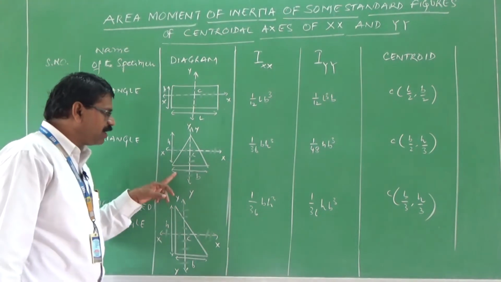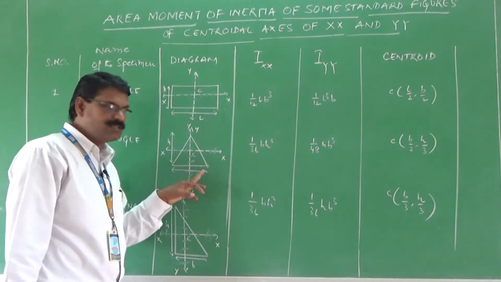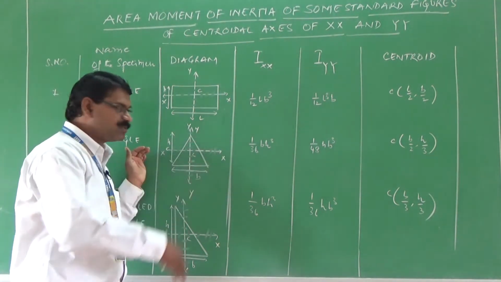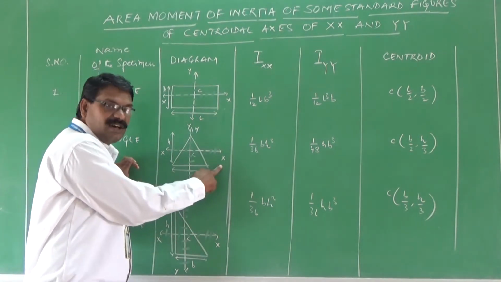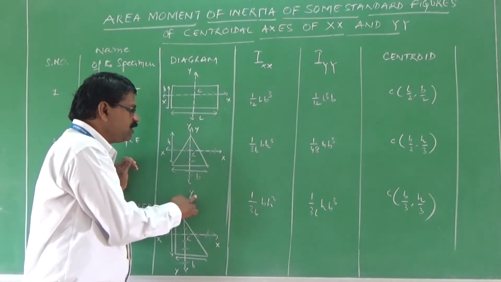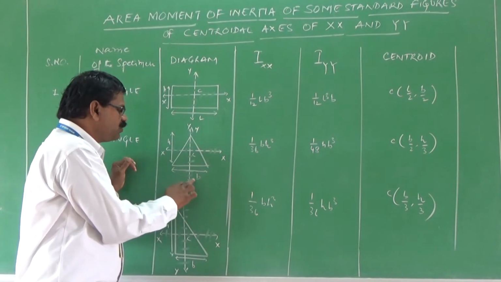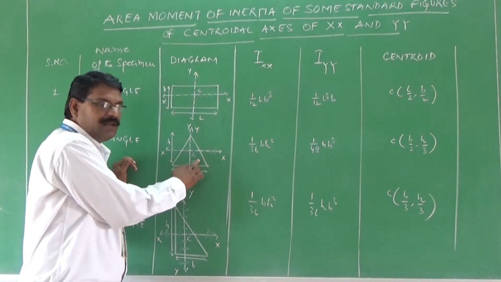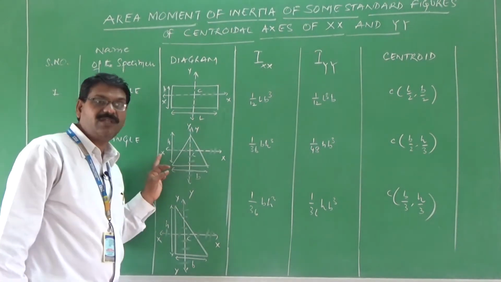Similarly, coming to the second specimen, which is the triangle. If you look at this triangle, my dear students, it is also split into two common axes, xx in the horizontal direction and yy in the vertical direction. B is the base of the triangle and H is the height of the triangle.